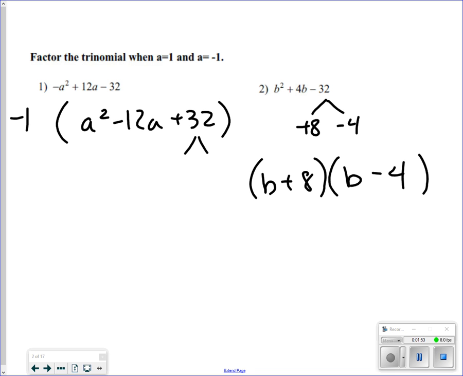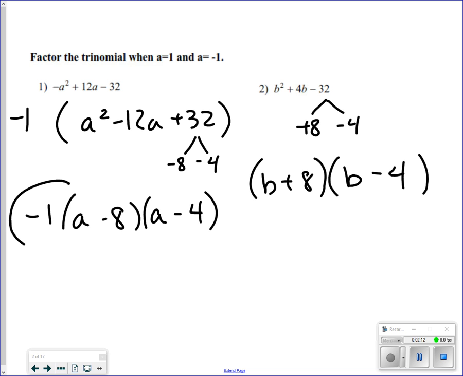So notice that I still have that same 32 that I did on the first one, but my numbers are a little bit different because I want them to multiply to be positive 32 this time, and I want them to add up to be negative 12 this time. So as I factor, I get a minus 8 and a minus 4. And don't forget about the fact that you did take a negative 1 out in the beginning, and that is one of the most common mistakes, to forget about that negative sign out in front.